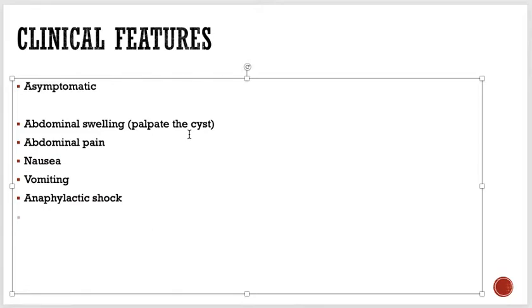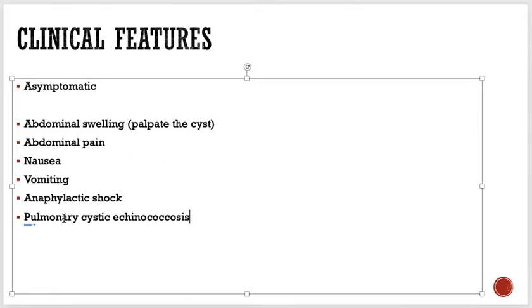And whenever the cyst is in the lung, we call it pulmonary cystic echinococcosis. Of course, in that case, pulmonary signs will be there.